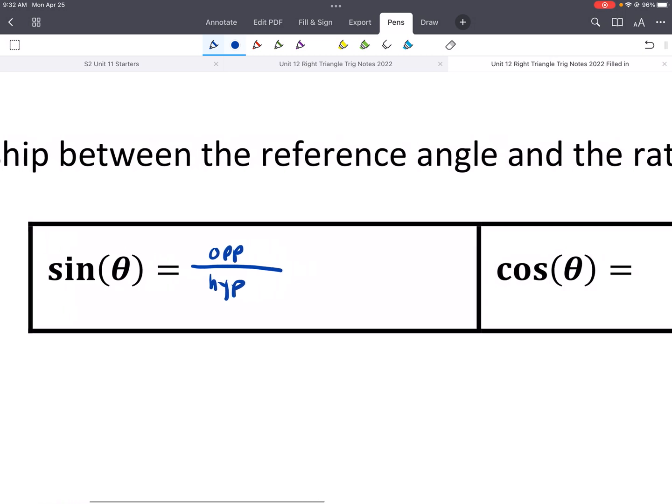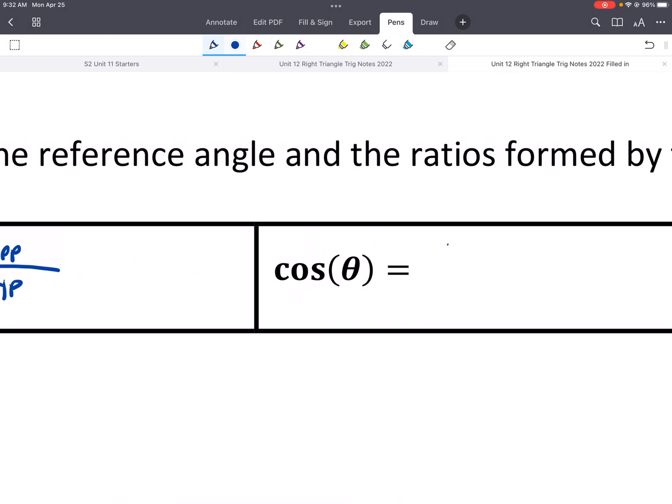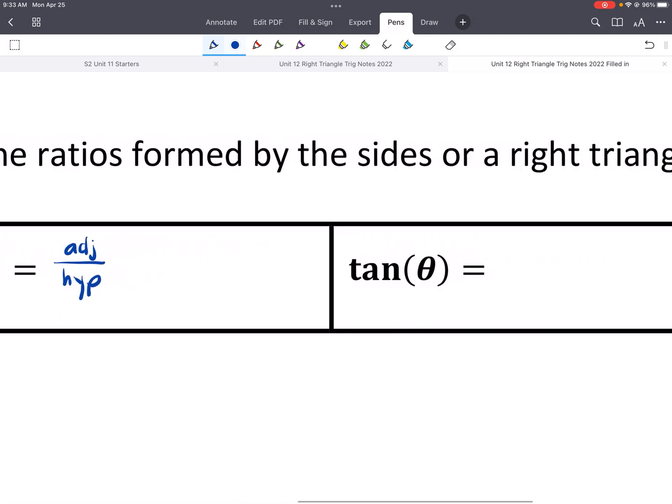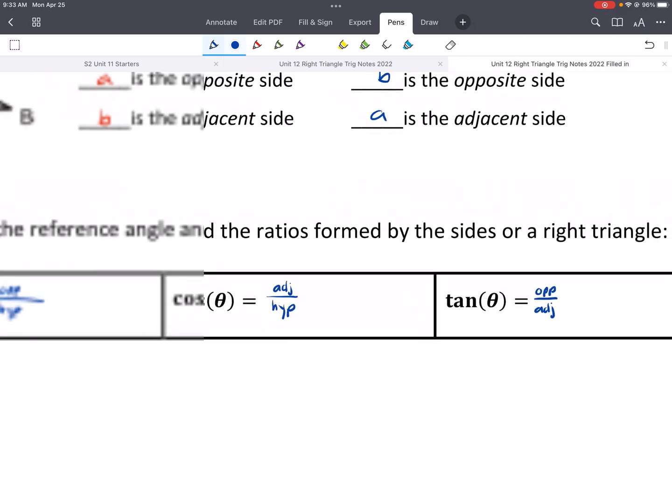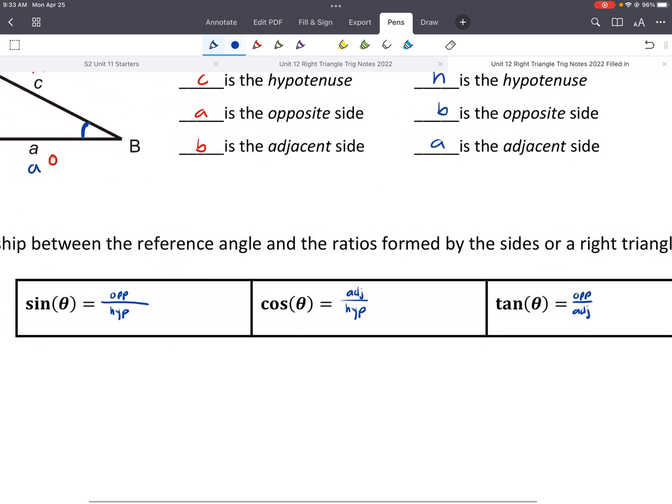So that's for sine. We use opposite over hypotenuse. Cosine is adjacent over hypotenuse. Same sort of thing. And then tangent uses opposite over adjacent. These are all the combinations that you could come up with the three sides, and we have these three functions that relate those to the angles.